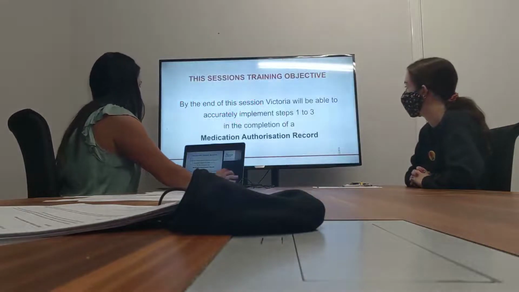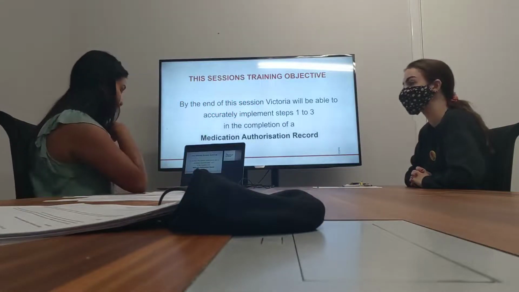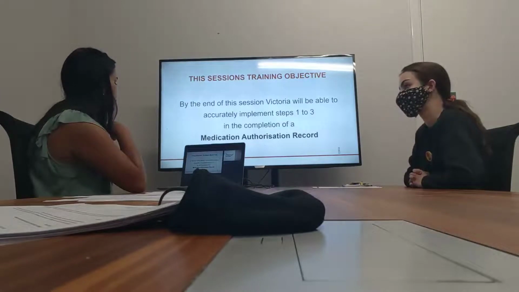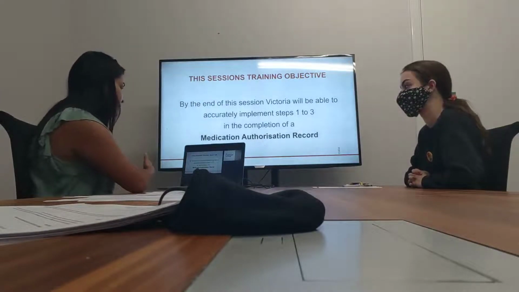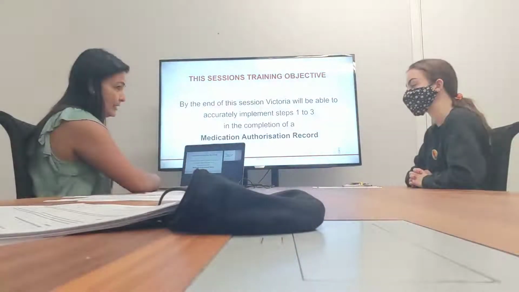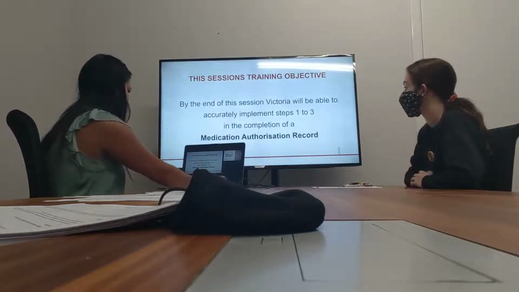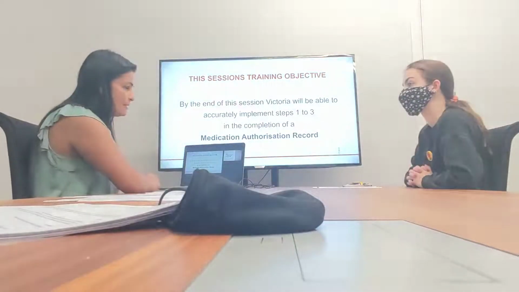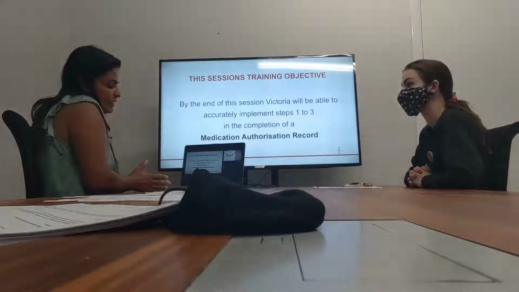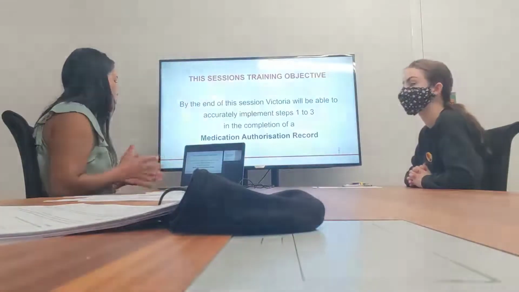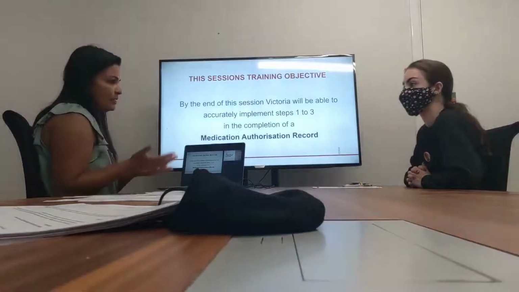So the objective of the training that I'm putting in place today, Vicky, is that by the end of this session, you will be able to accurately implement the first 3 steps of completion of a medication authorisation record. So this is the first training session that we're doing, and there will be further training sessions that will take place, and they will be the following steps, which will be actual administration of medication.